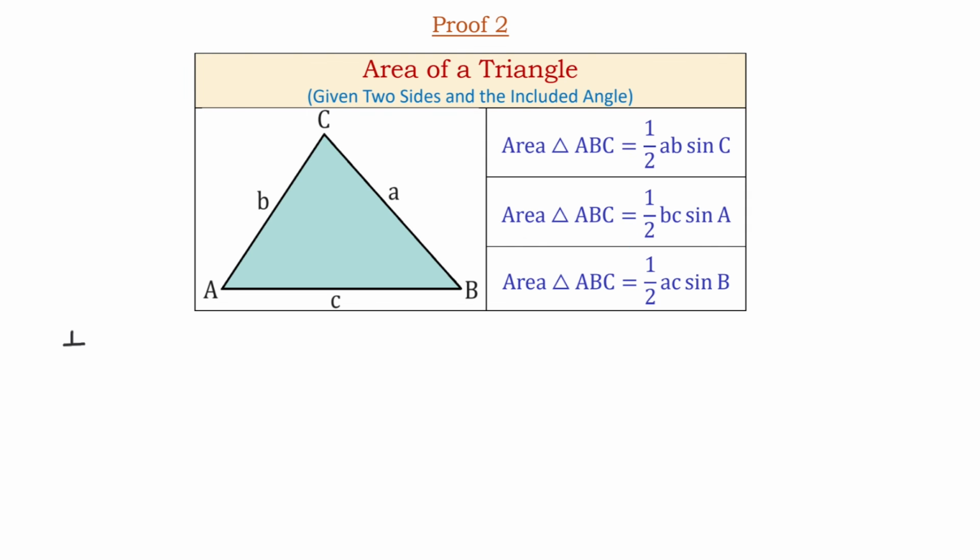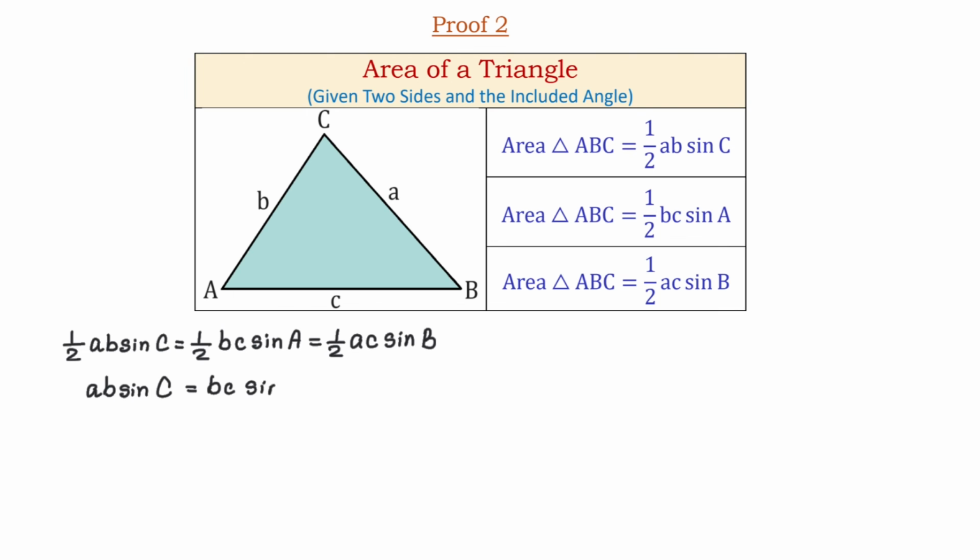So we will write that 1/2 AB sine of C equals 1/2 BC sine of A equals 1/2 AC sine of B. Then if we multiply each expression by 2, we will have that AB sine of C equals BC sine of A equals AC sine of B.